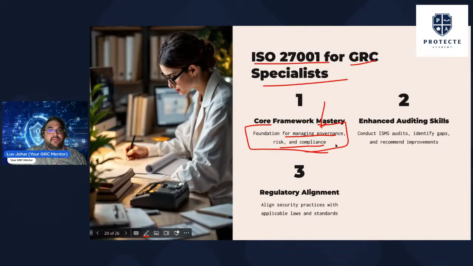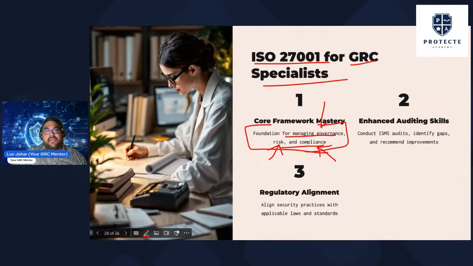Why top management puts emphasis on the policies, why governance is important from a strategic perspective, why you need to have risk assessment, why risk assessment should be a periodic exercise, and why compliance is very important for any organization. Without compliance, you will actually get into penalties. So all these are very important and core parts of ISO 27001, which we discuss in the classes.